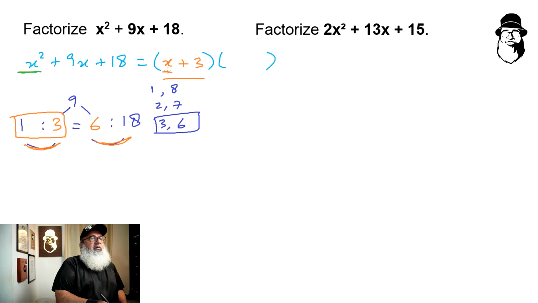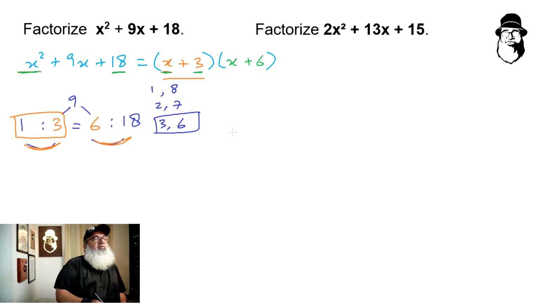And then the second term of the second bracket, we divide this 18 by 3. So 18 divided by 3 is 6, and we have plus 6. So that's the second bracket.